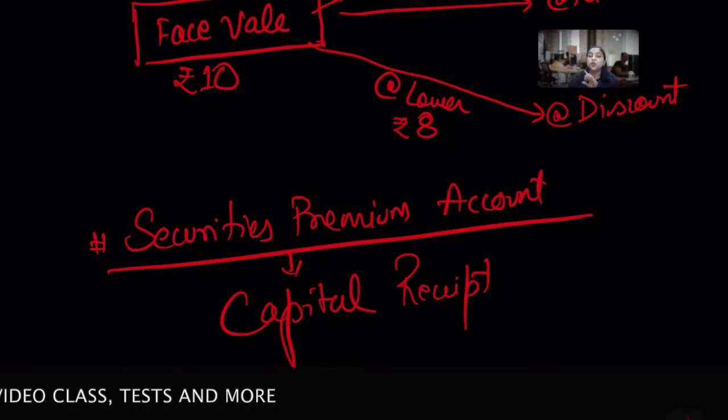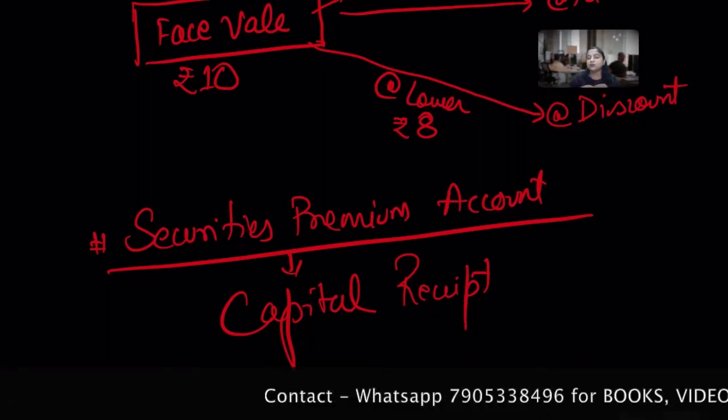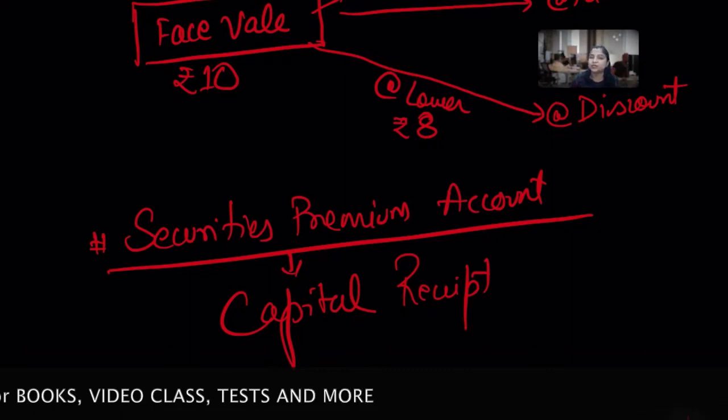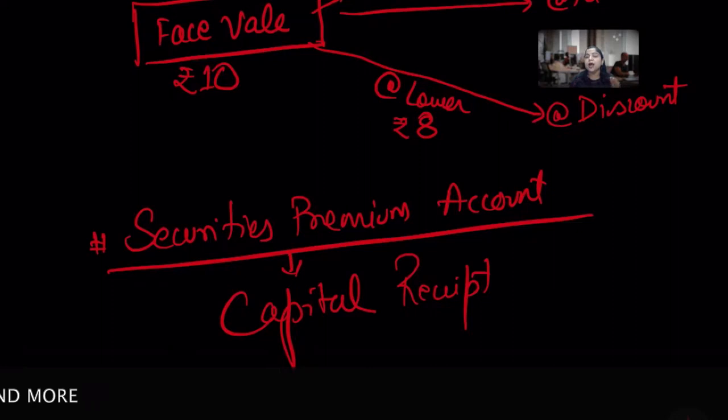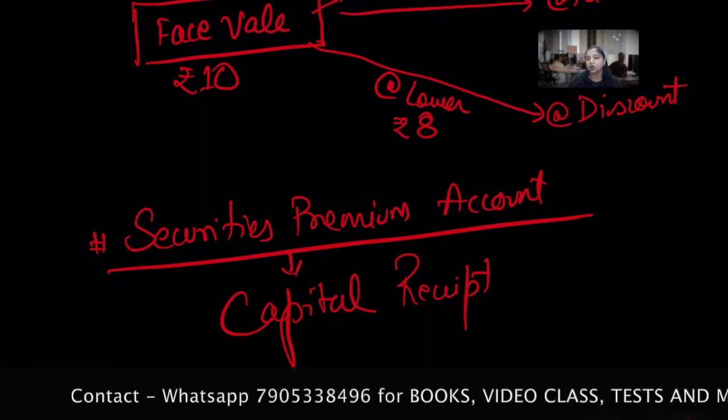There is no restriction on the issue of shares at a premium, but there are certain restrictions on disposal. That means when a company decides to issue its shares at a premium, there is no restriction on that.